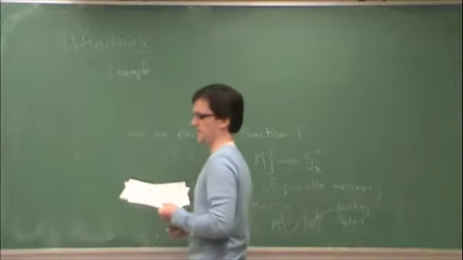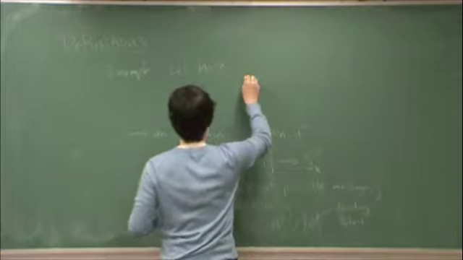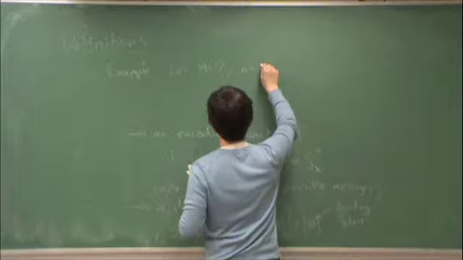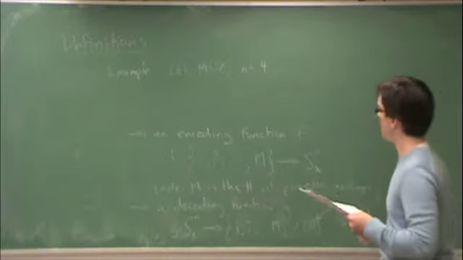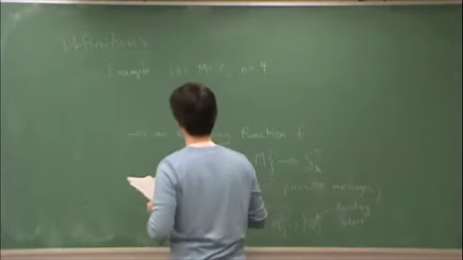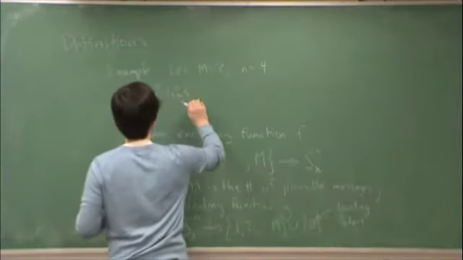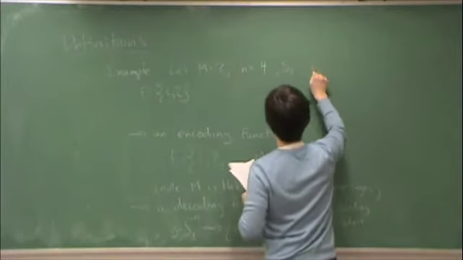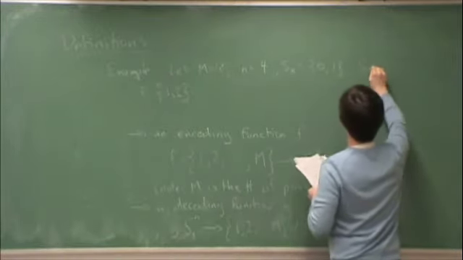An example: let's say there are 2 possible messages. And let's let the number of symbols I'm going to use equal 4. So f is a function from 1, 2. Oh, and let's also let Sx be binary, and Sy be binary.